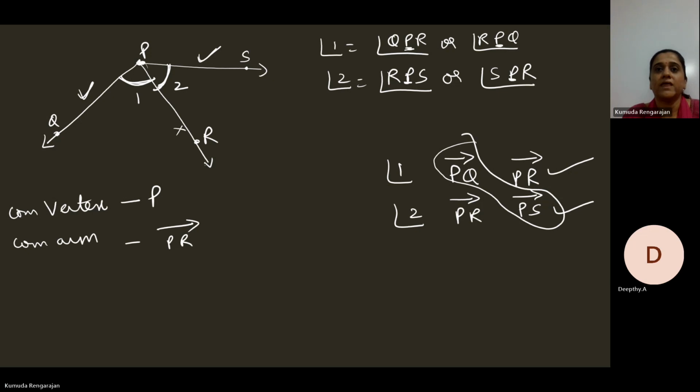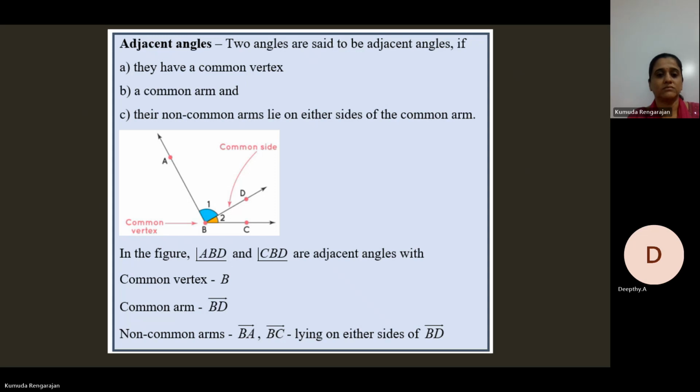Two angles are said to be adjacent angles if they have a common vertex, a common arm, and their non-common arms lie on either sides of the common arm. All right. Go through this.